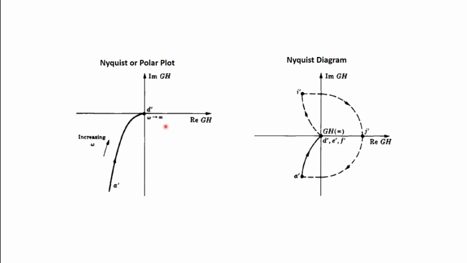And what is the Nyquist diagram? We have drawn the curve from 0 to infinity, so we have to draw another curve from minus infinity to 0, and it is simply the replica or mirror image of this plot around the real axis. So the entire closed loop curve is like this. This closed loop curve does not encircle the minus 1 j0 point, therefore the system is stable.